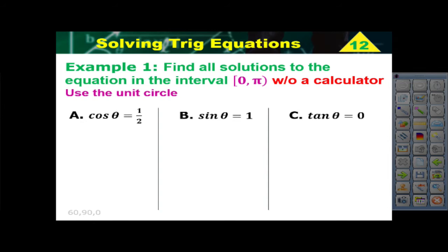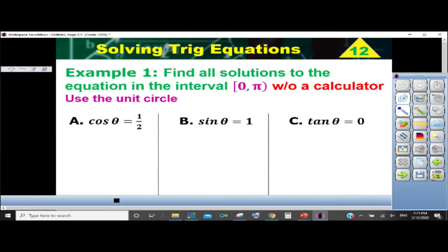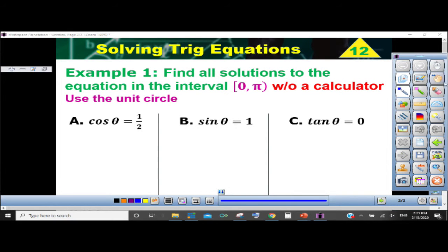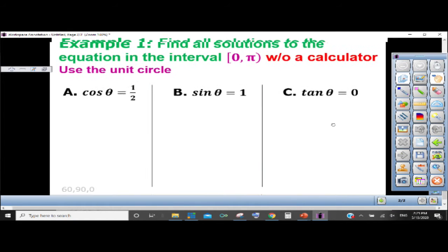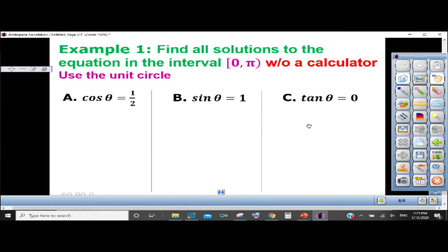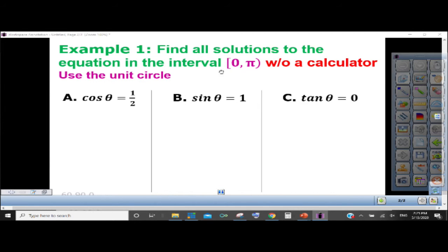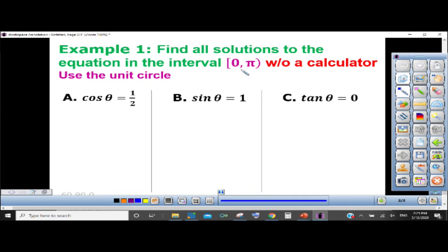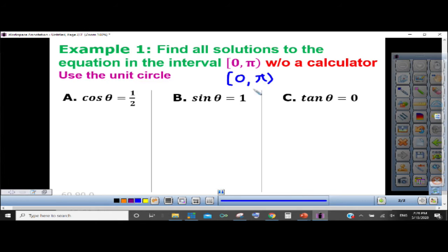According to the interval notation, if you have an interval that looks like this, the bracket 0, pi, and then parentheses. I'm just reviewing here.